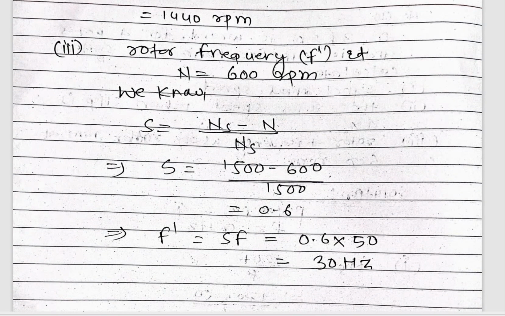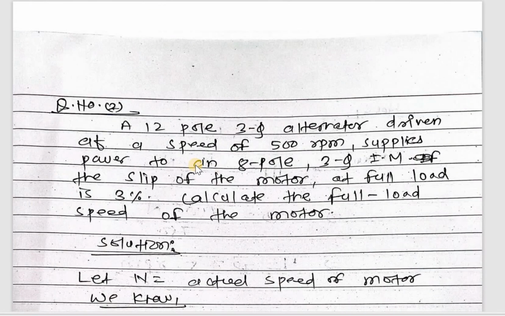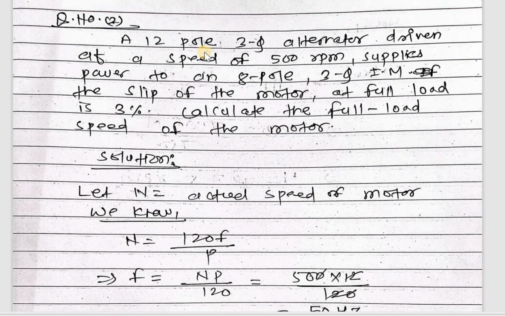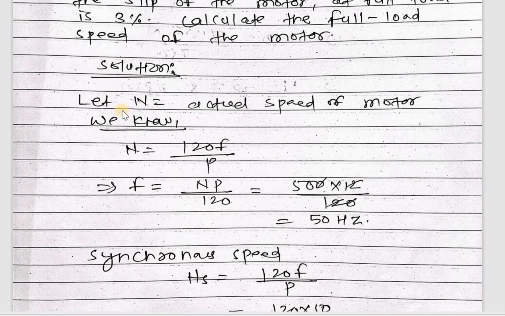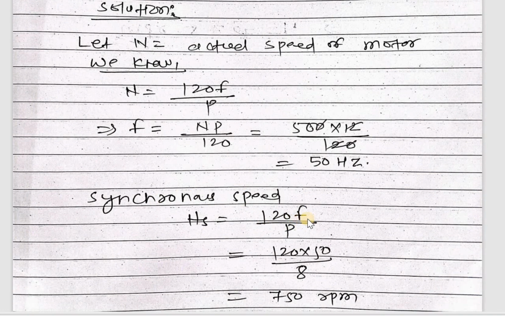And our next numerical is, a 12 pole 3 phase alternator driven at a speed of 500 rpm supplies power to an 8-pole 3-phase induction motor. The slip of the motor at full load is 3%. Calculate the full load speed of the motor. First of all, we know Ns equal to 120 f by p. So from this equation we can get the value of frequency, that is 50 hertz, and synchronous speed is 120 f upon p.